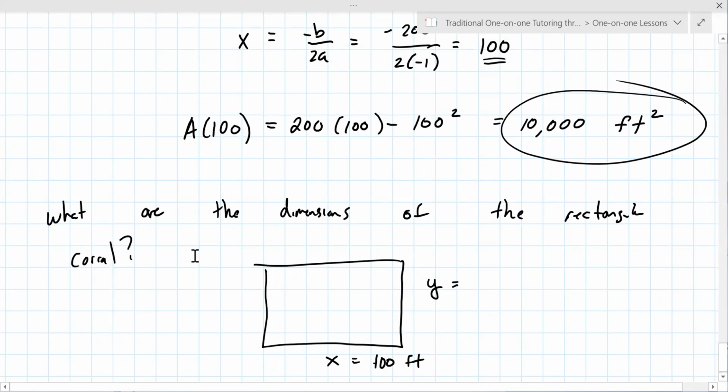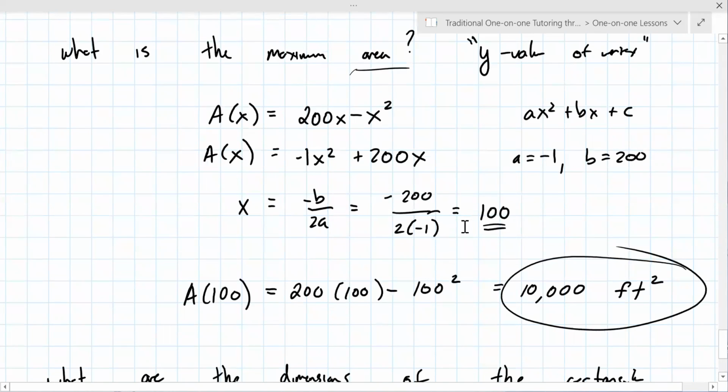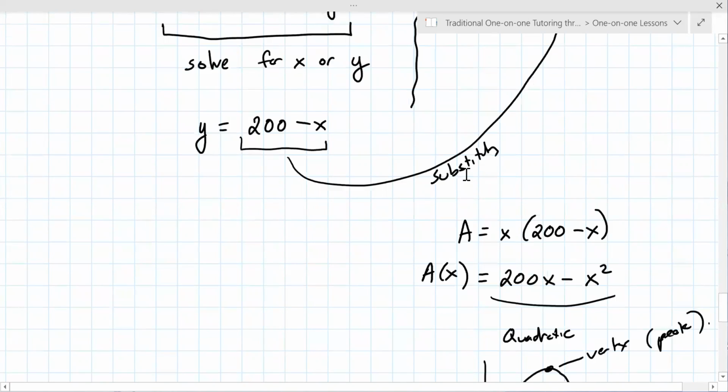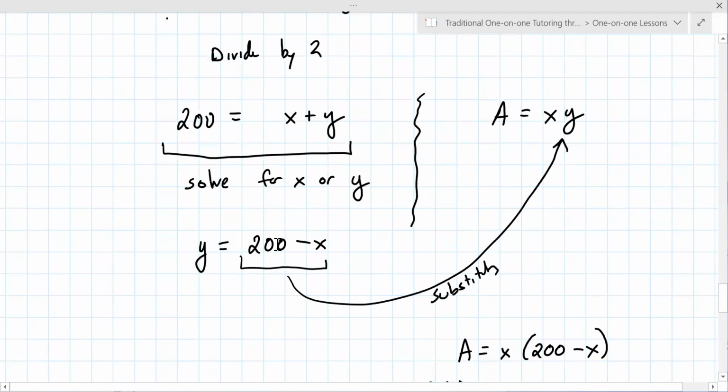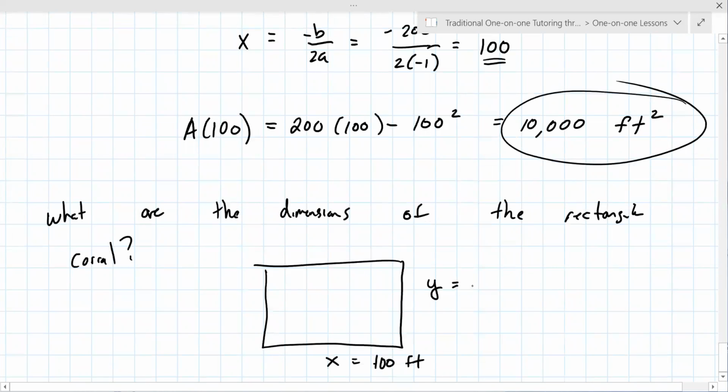Now, there's a couple of ways to get Y. The best way, in my opinion, is to go back to the equation for Y. Do you see how you solve for Y right here? That's the best way to do it. Y is 200 minus X. It's 200 minus 100, which is 100 feet.